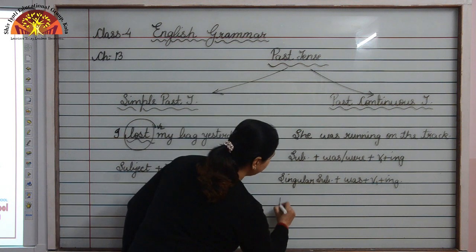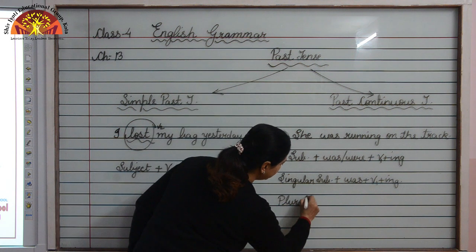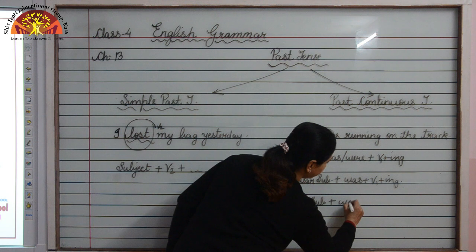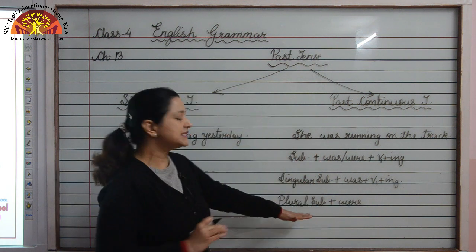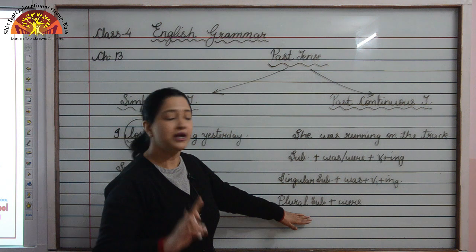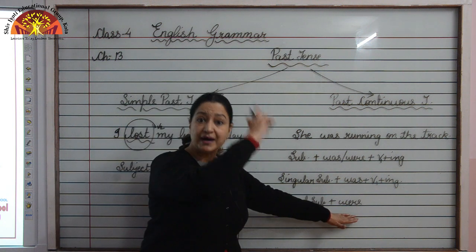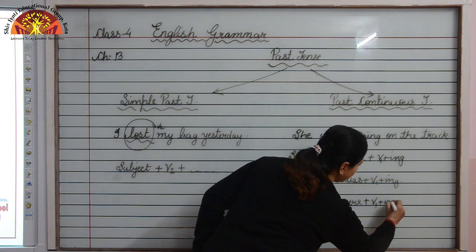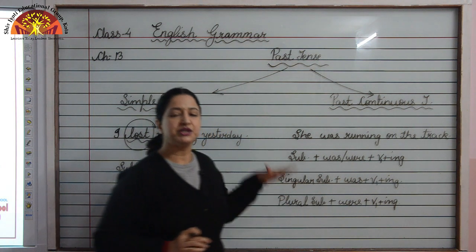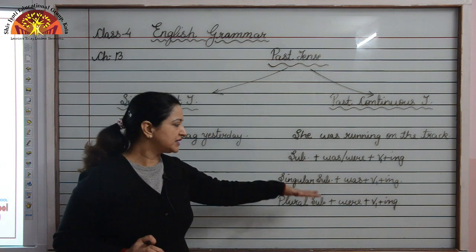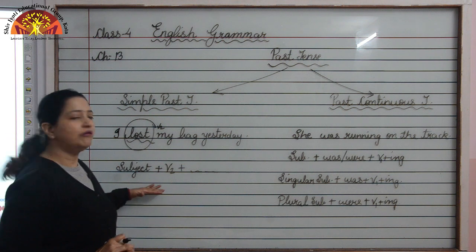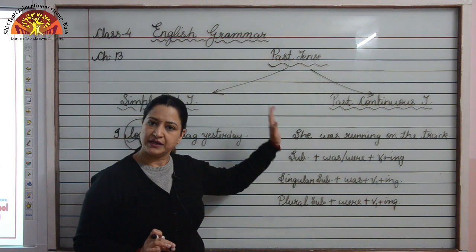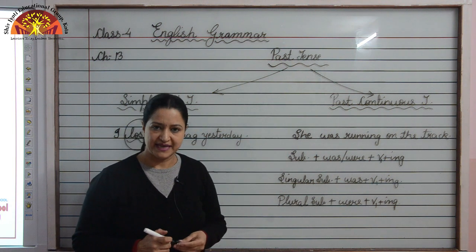Okay, and whenever your subject is plural, more than one in number, you have to use were plus verb, first form of verb plus ing for past continuous tense. So this is the structure of past continuous tense and this is the structure of simple past tense. Okay, now I hope past tense is also very clear to you all. Let's do some exercise.